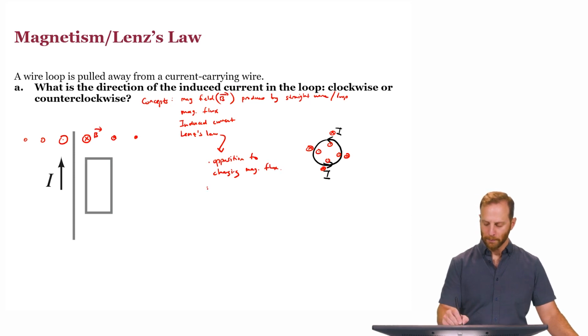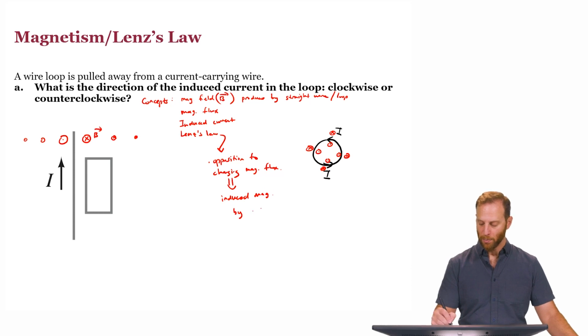That opposition manifests itself in the form of an induced magnetic field by the loop itself that is related to an induced current.